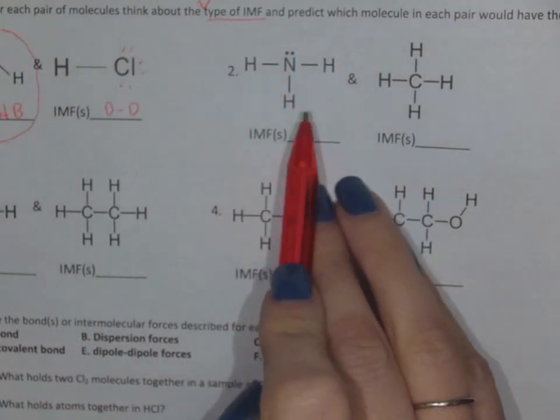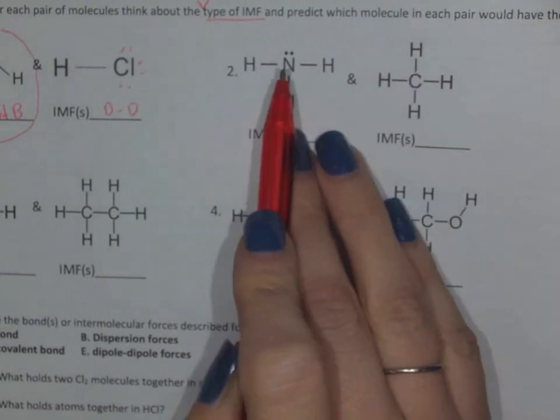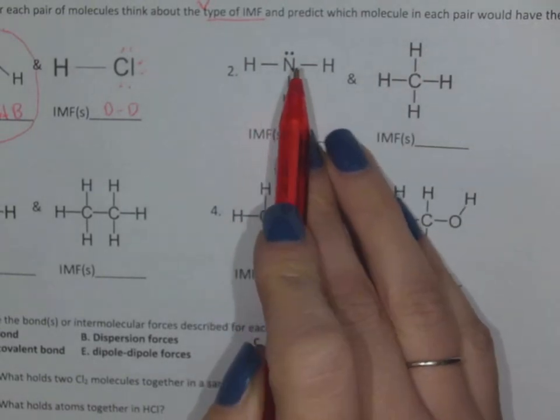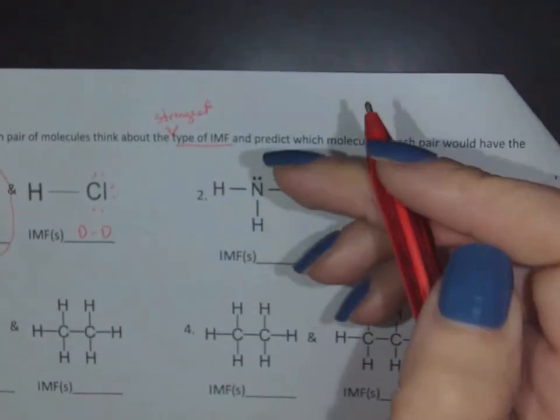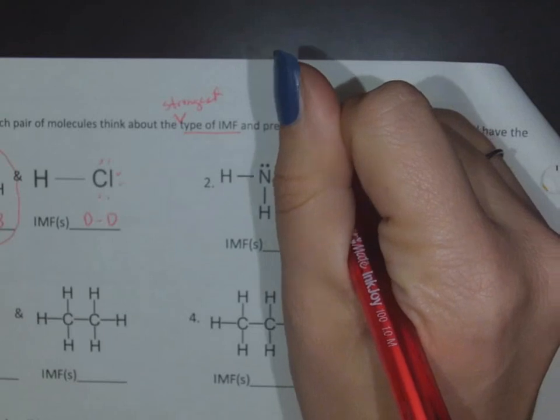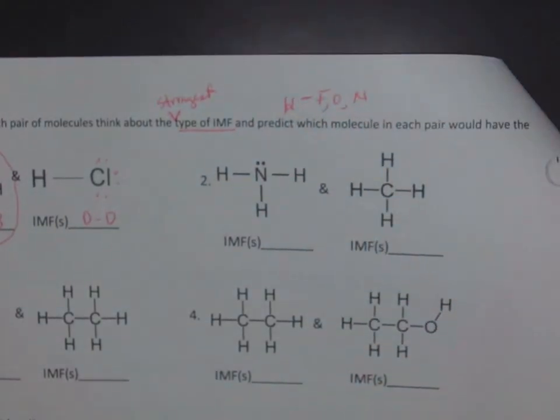We have a polar molecule and a non-polar molecule. So polar molecules experience dipole-dipole. Let's see if it meets the criteria for hydrogen bonding. Reminder, when inside the molecule we have hydrogen bonded to fluorine, oxygen, or nitrogen, then we can experience that stronger hydrogen bonding.